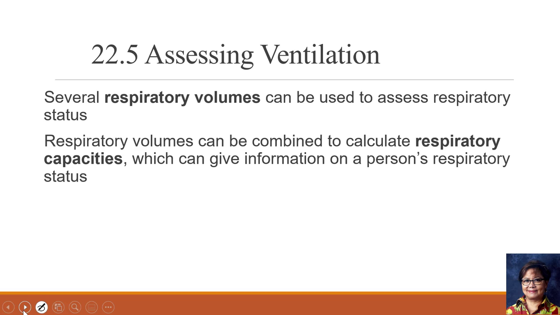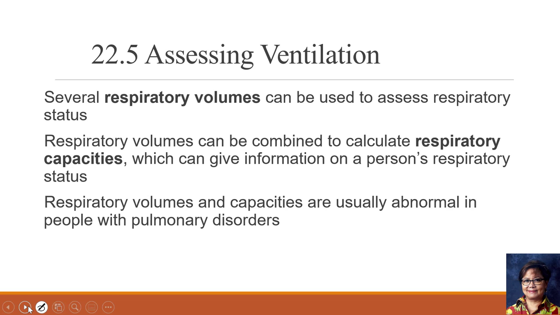Respiratory capacities will be different. These are combinations of volumes, which could give a clinician information about a person's respiratory status. So respiratory volumes and capacities are usually abnormal with people who have pulmonary disorders.